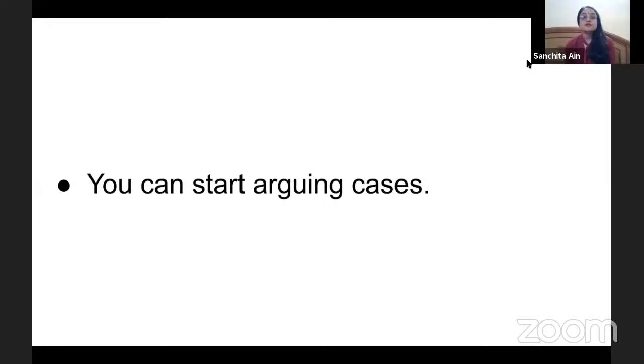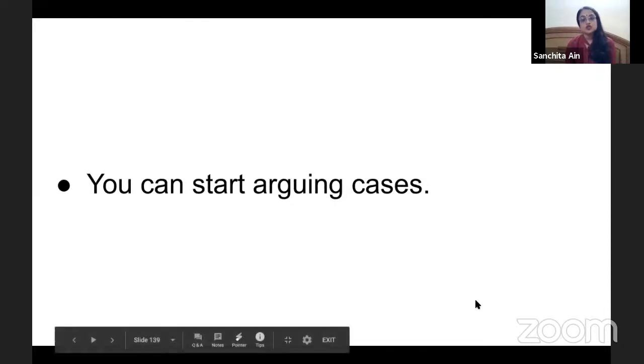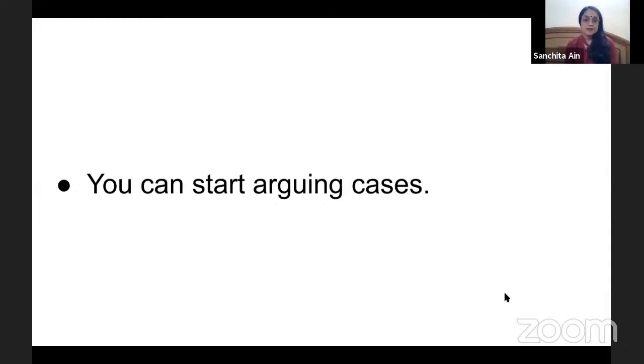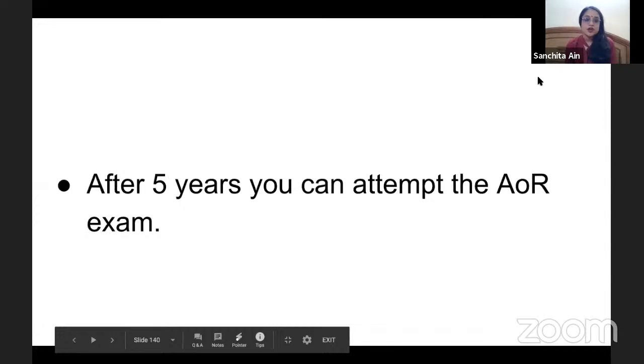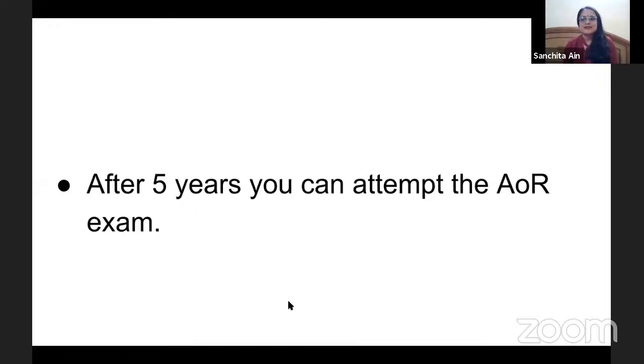If you are planning to be an arguing counsel, or if you would want to file and argue cases, then you can start arguing cases now itself. That's important to start at this stage. There are many juniors who continue to be juniors, and even judges these days start agonizing about when you guys will start your independent practice.